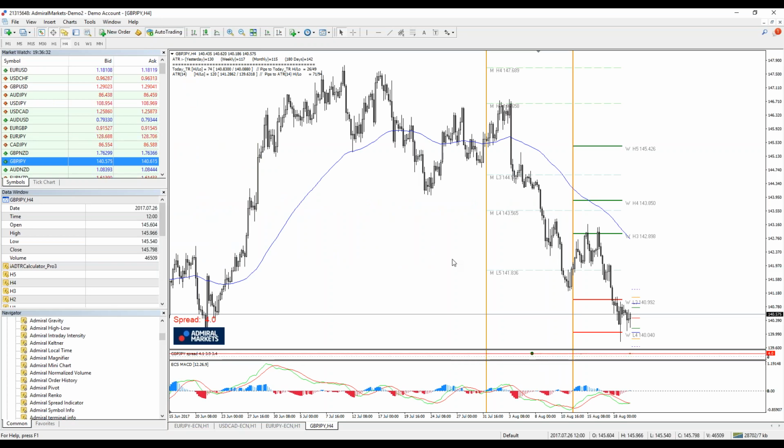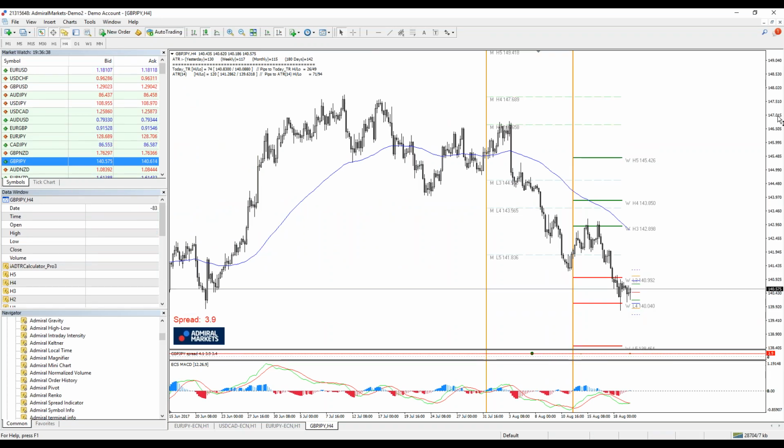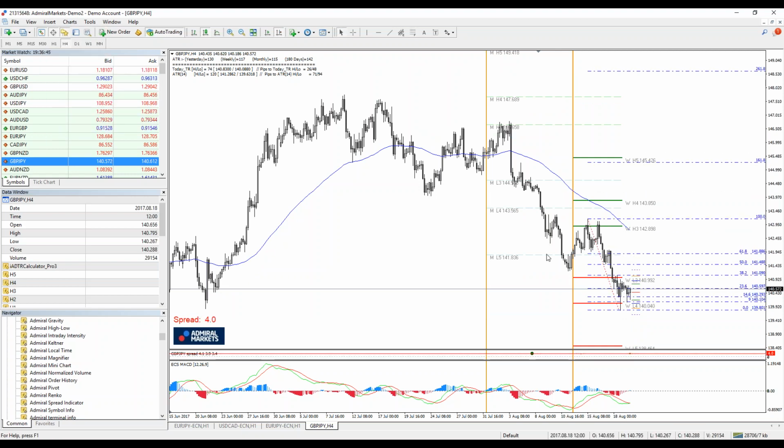Pound yen, again, it could go up. It's rejecting from weekly L4. And we need to see where it will probably reject. Now I'm doing fast analysis, trying to spot some confluence points.